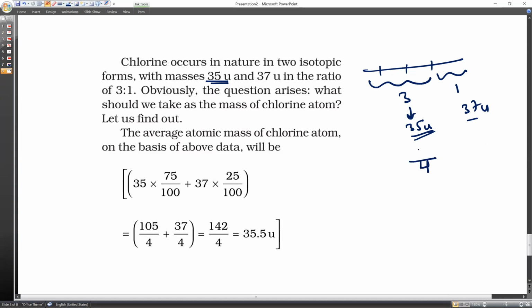Out of 4 parts, 3 parts is the fraction for this one. So we can say that something in 3:1 ratio means that 75% is this one and 25% is this one. Okay, please do it.